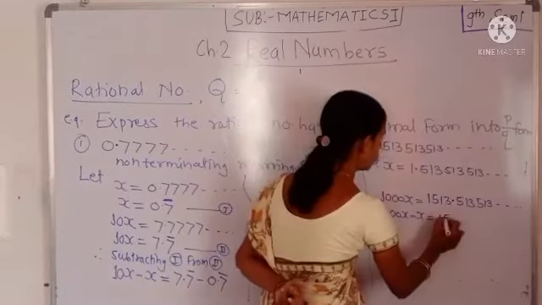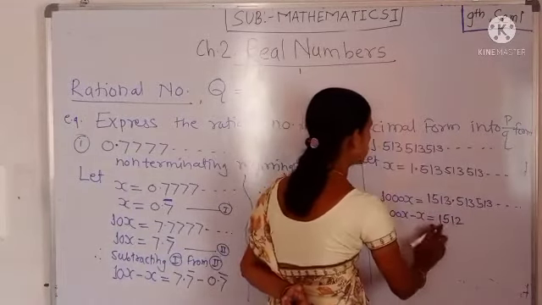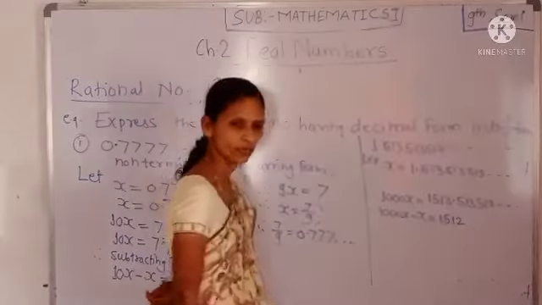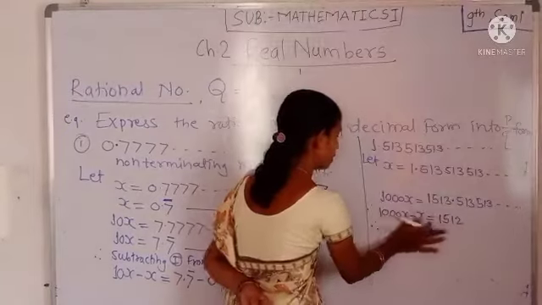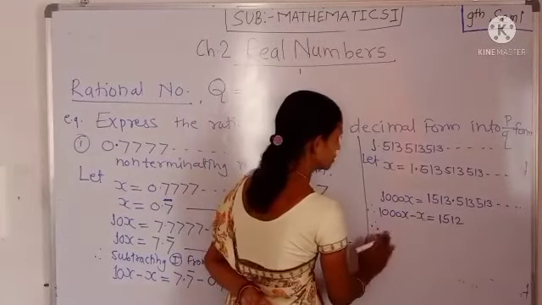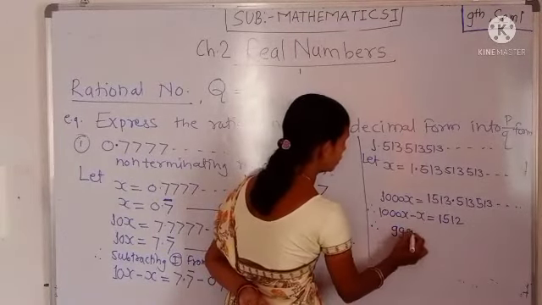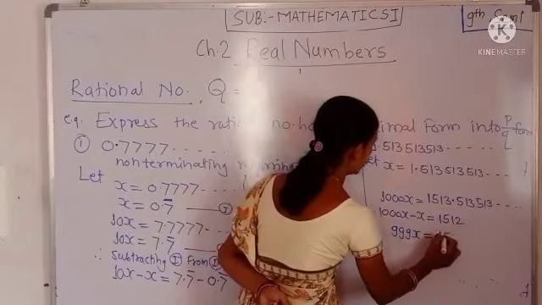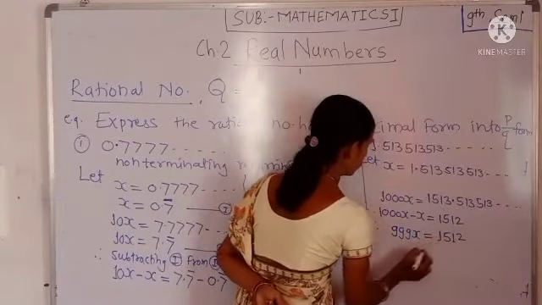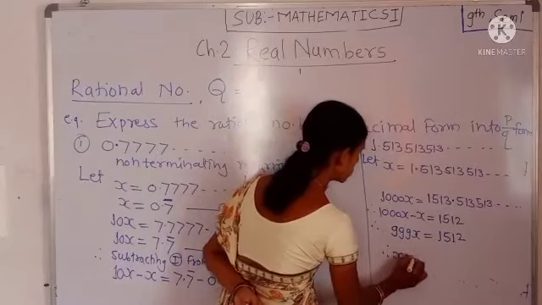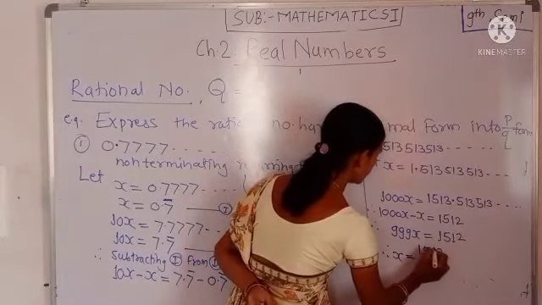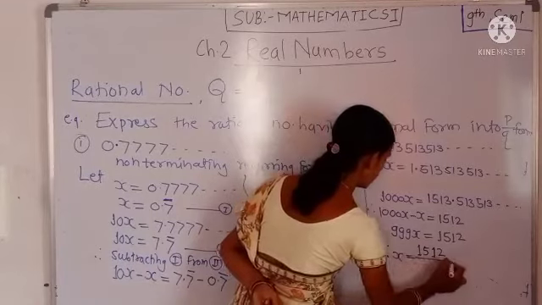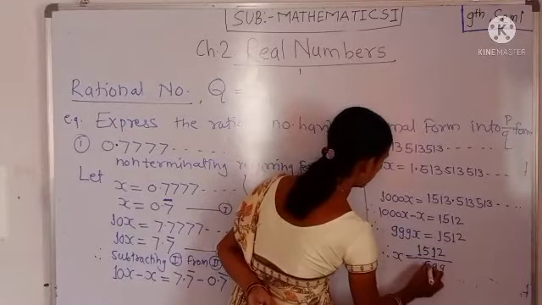Therefore we get 1512, and therefore 1000x minus x, that is 999x, is equal to 1512. Therefore x is equal to 1512 upon 999.